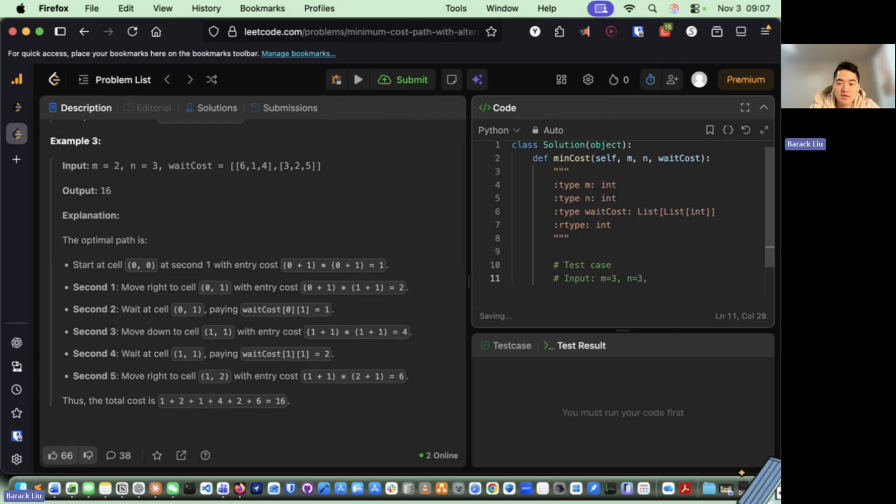So we need to go to the bottom right corner, and let's make the waitCost equal to, actually it's a 2D array, right?